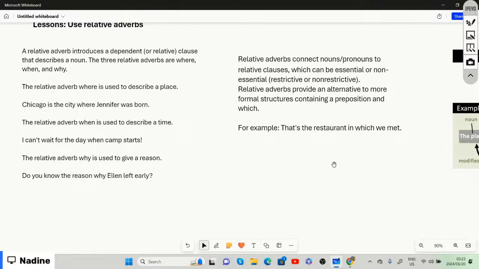And relative adverbs, we said, connect or describe a noun. And a relative adverb connects nouns or pronouns to relative clauses.